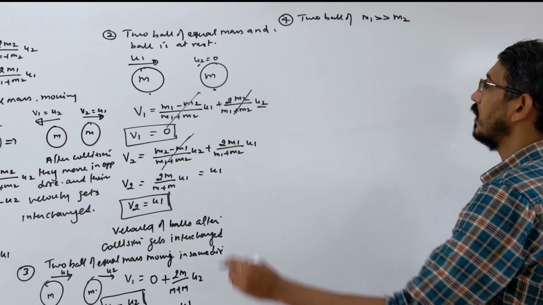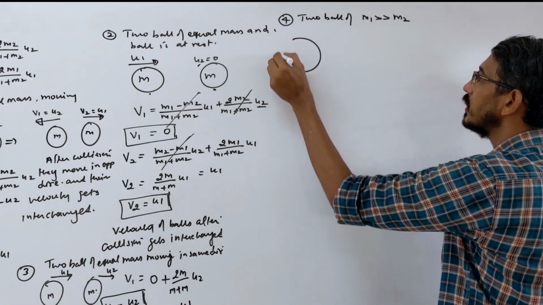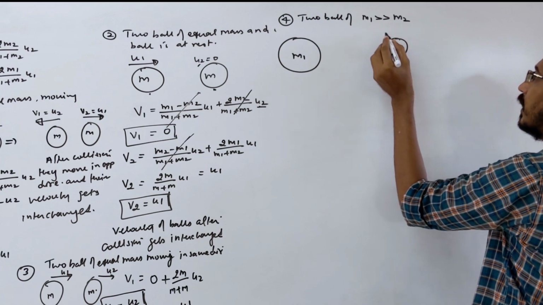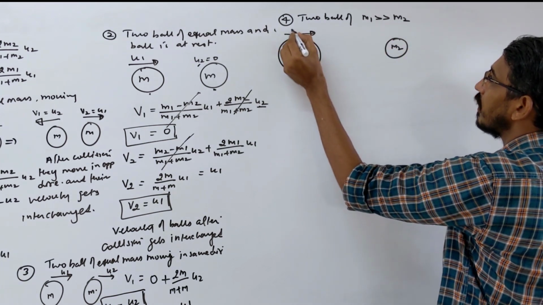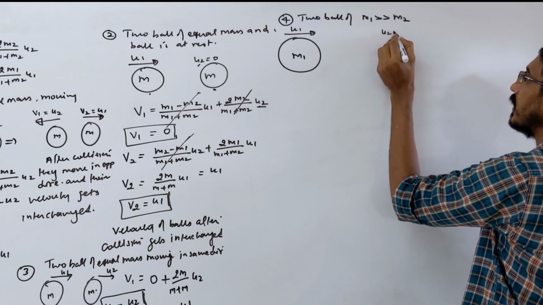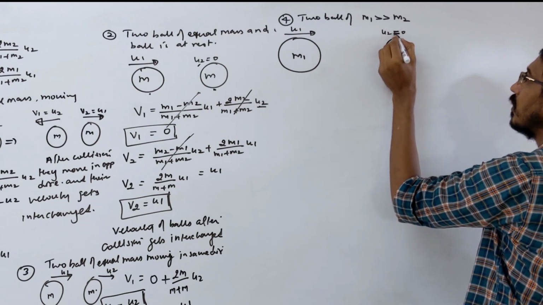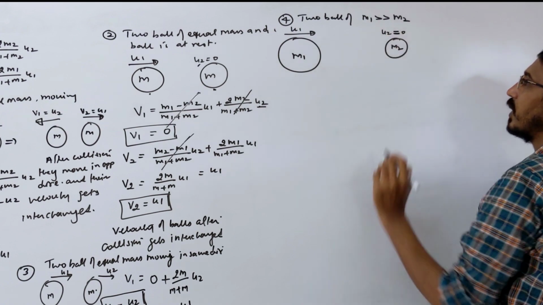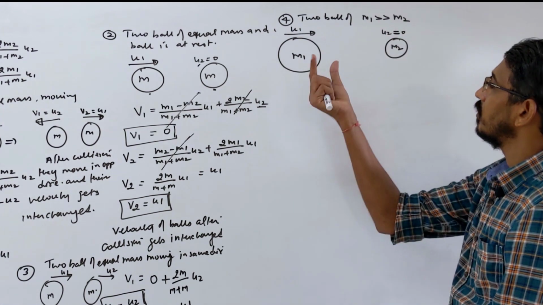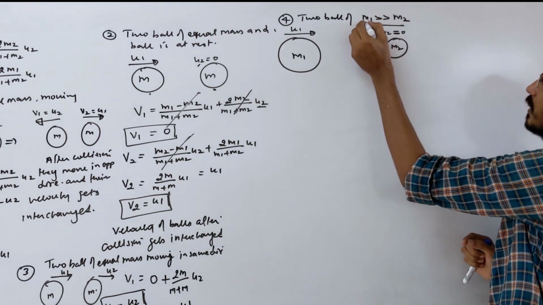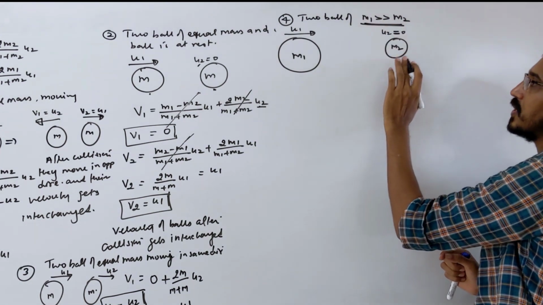Suppose this is a ball of mass m1 and this is a ball of mass m2, and this ball is moving with velocity u1 and this ball is at rest. This is a ball of very big mass, m1 is very big compared to m2, and initially m2 is at rest.